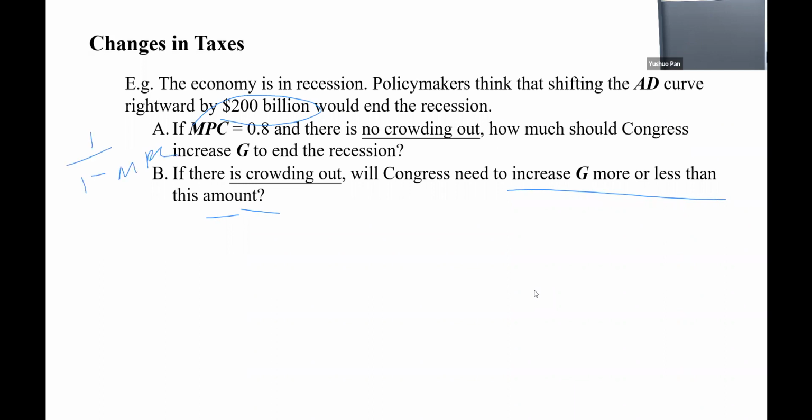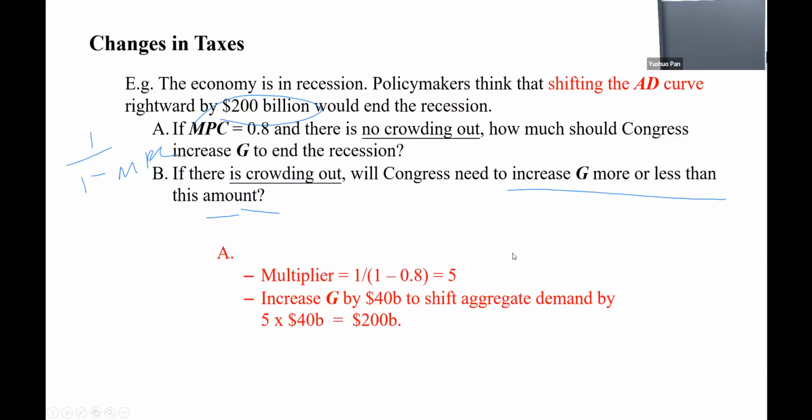This is the multiplier. Use the initial amount times the multiplier. If there is no crowding out effect, that's what we have: the aggregate demand curve increases. So A is very easy, right? Calculate the multiplier first and use the initial amount.